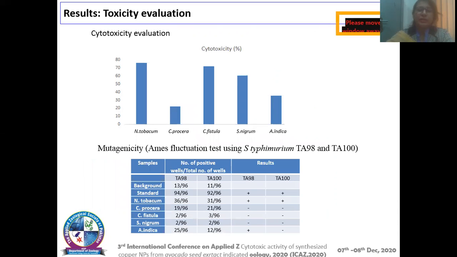These bioactive components were also evaluated for their toxicity. For this purpose, cytotoxicity activity was performed, and mutagenicity was assessed by the fluctuation test using Salmonella typhimurium TA98 and TA100, and the results are given here.